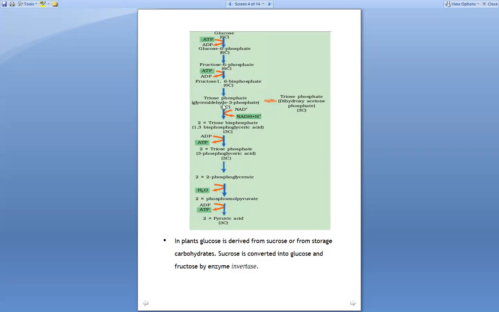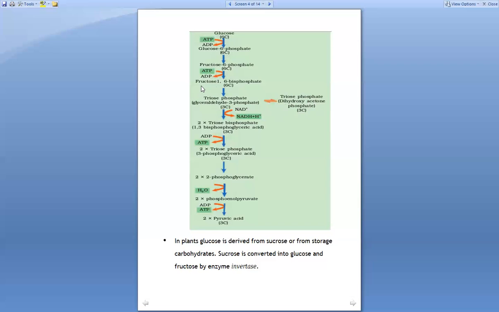Now here the main thing takes place, right? This 6-carbon compound gets split into two molecules, a 3-carbon and a 3-carbon compound. But these two are different from each other.